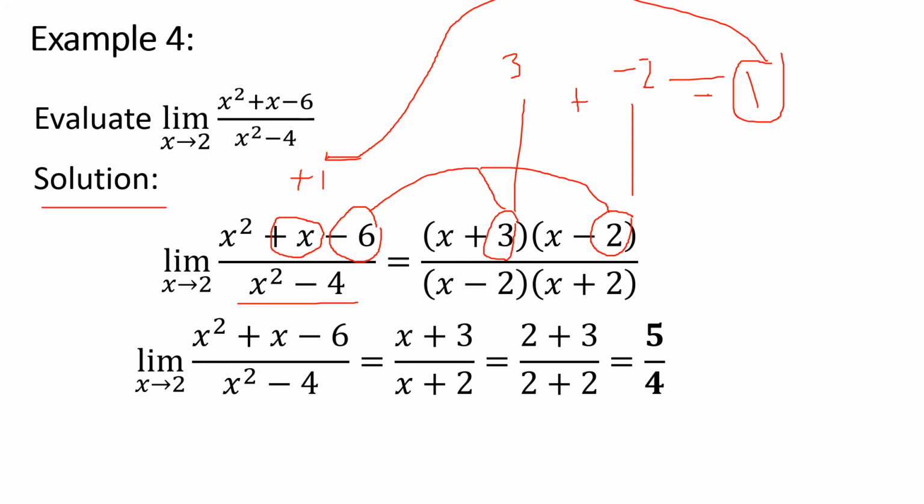So we apply the factoring concept. Once we factor this one, since this is a subtraction, or a negative value of your second term, which is 4, in your two factors there should be a negative multiplied by a positive. Since 4 is a perfect square, if we factor this 4, that will be equal to 2 and 2.